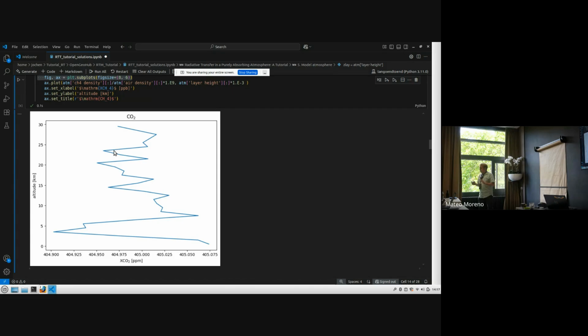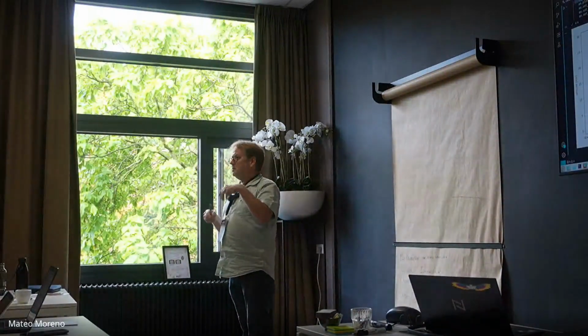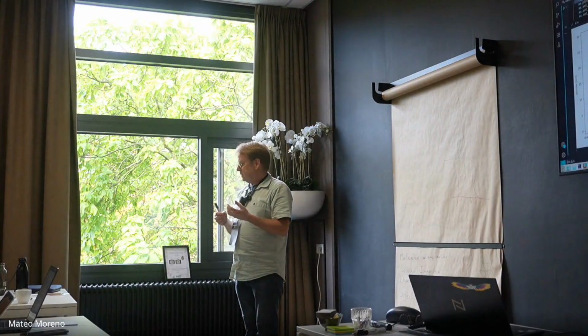And that's why we say CO2 is a well-mixed gas. Because we have mixing processes, turbulence in the atmosphere, mixing between layers, particularly in the troposphere, a lot of mixing. So we expect that CO2 is well mixed, particularly when we're not close to a source. But what does that actually mean? The air density decreases when we go to higher altitudes, so it's the relative fraction of CO2 which is interesting.